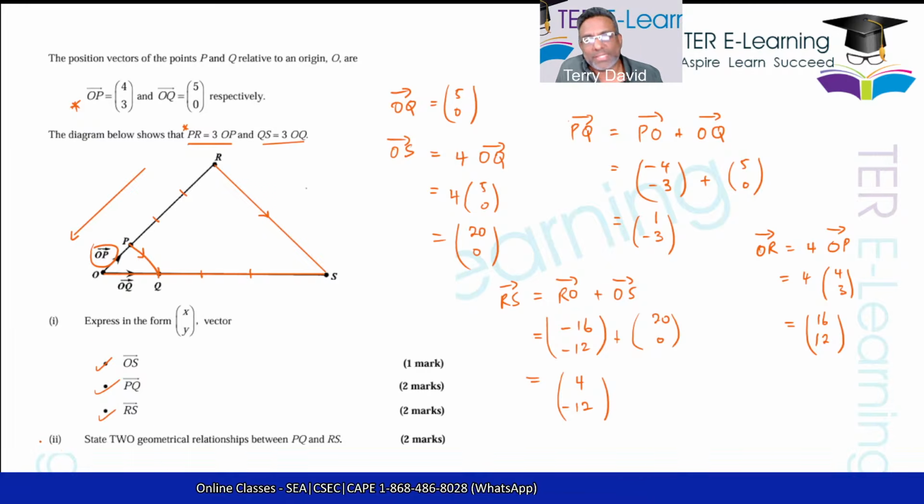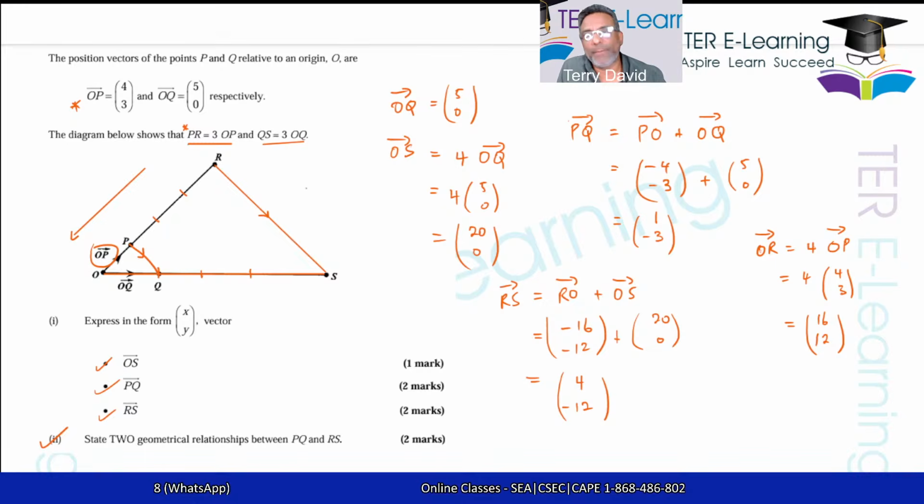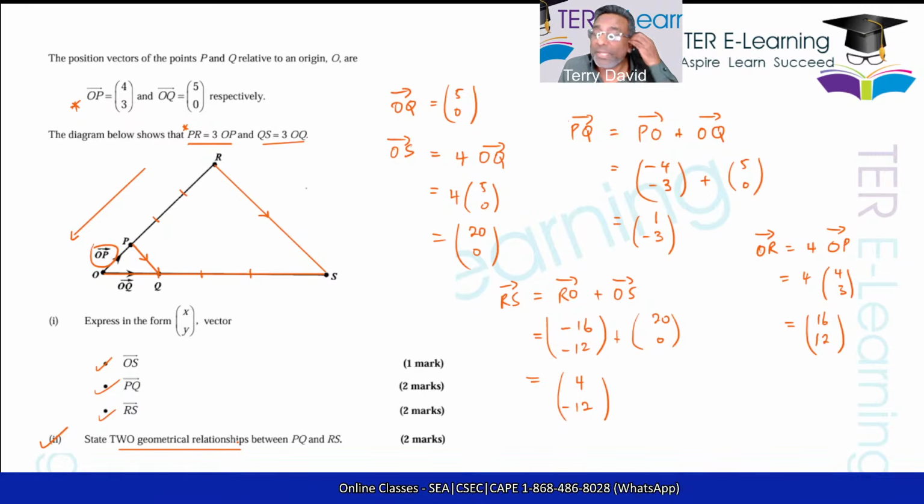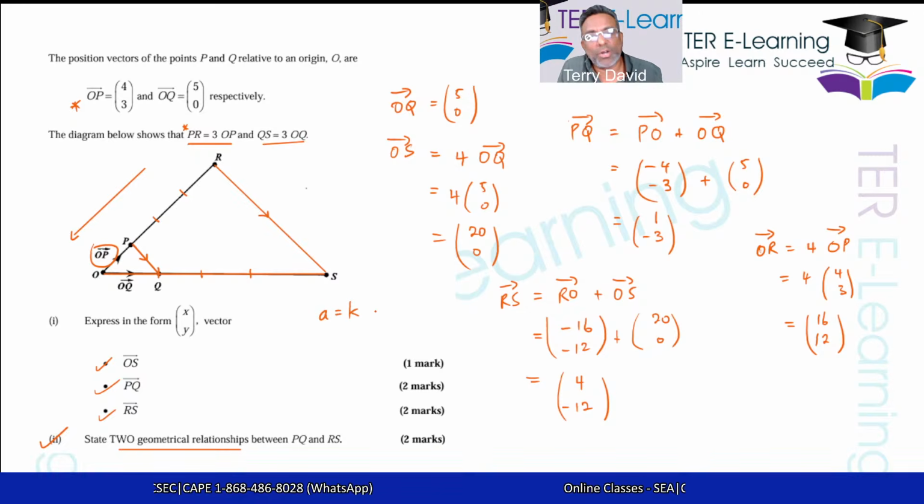So the next part here, they said state 2 geometric relationships between PQ and RS. Now look at this carefully. Based on what we've drawn, we've actually drawn 2 vectors here. One is PQ and one is RS. Whenever they ask you for geometrical relationships, what they could mean is that they're parallel. Whenever 2 vectors are parallel, you can write one vector in terms of the other by writing it as a constant times the other vector.